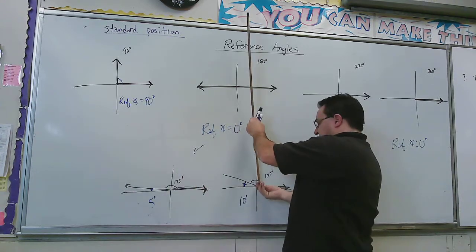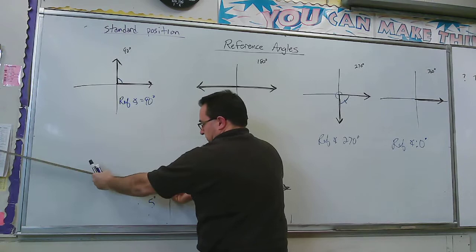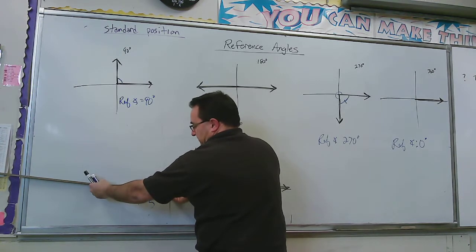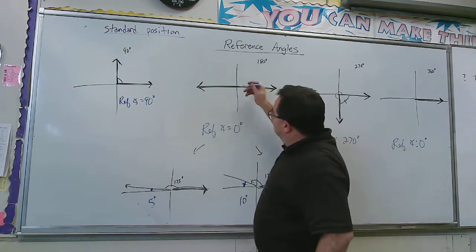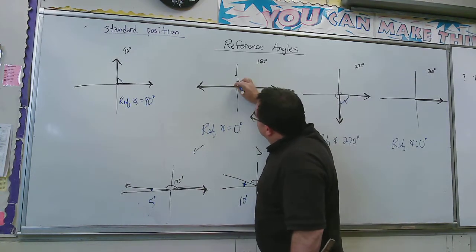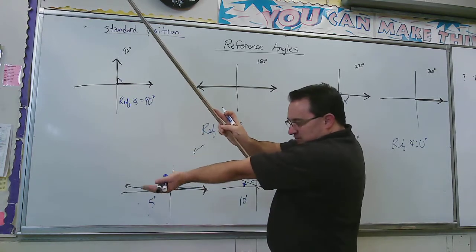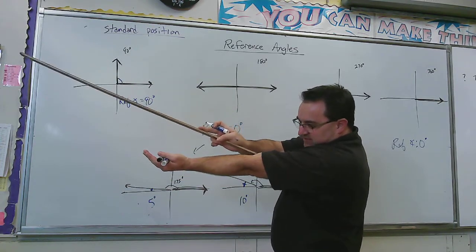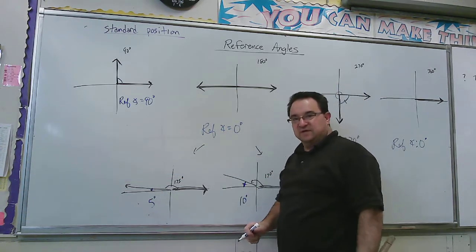And when it gets this low, it's 10. And when it gets a little lower, it's 5. What would happen if it kept dropping until it went horizontal? See, I can't draw it, but it's like there's no room between the x-axis and the terminal side. That angle between the terminal side and the x-axis collapses down to 0. That is the reference angle.